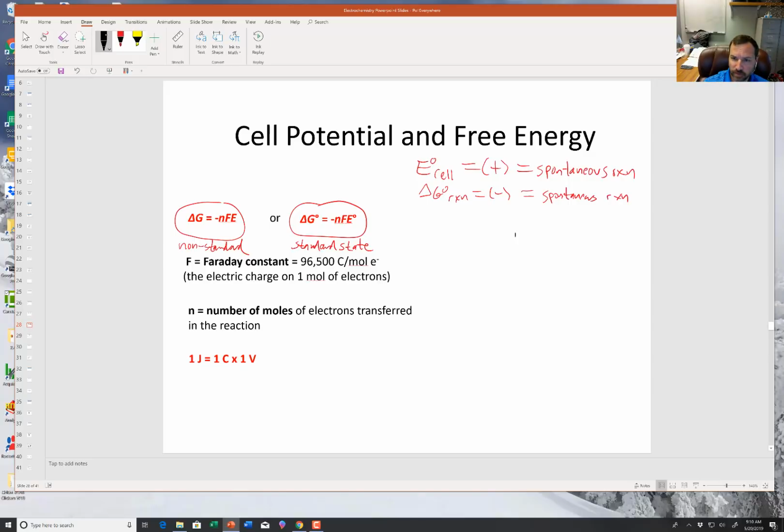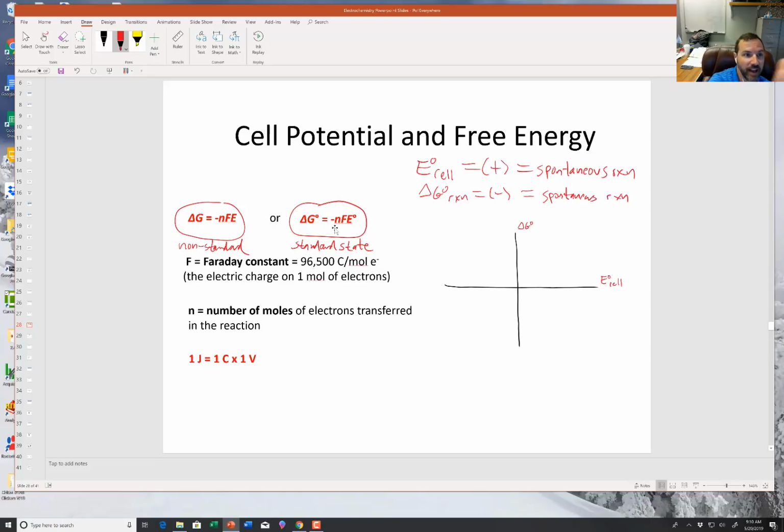Hopefully that looks somewhat like a linear relationship to you. And if we think about plotting delta G versus E cell, then we see that we have a negative slope.